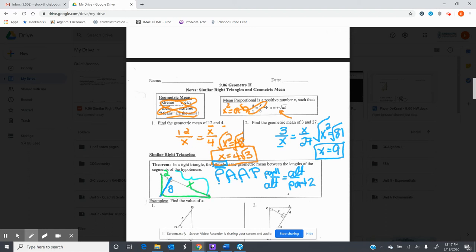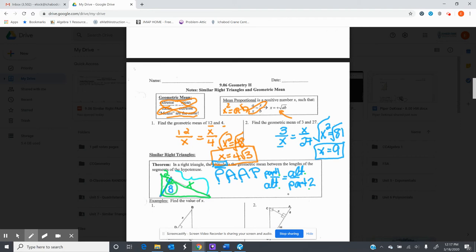Now, remember, with right triangles, we can usually use the Pythagorean theorem, but these 3 measures aren't in the same triangle. The 2 is in the small little triangle, the 8 kind of is shared in both, and the x down here is part of the hypotenuse. So when we're looking at these pieces for the rule, part, altitude, altitude, part, the altitude measure is the 8.